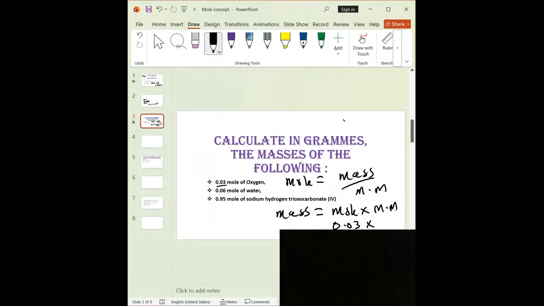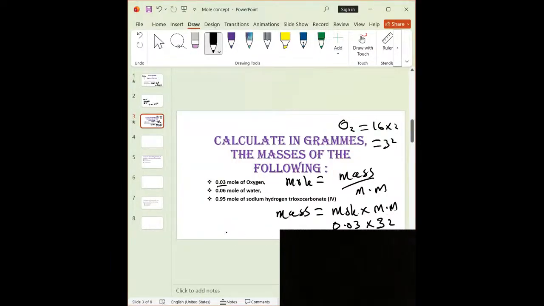Remember, oxygen exists as diatomic. That means one oxygen is 16, and then times 2. That will be equal to 32. We just multiply 0.03 times 32, and then you have 0.96.